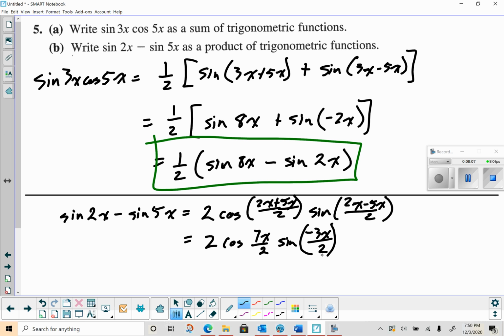But again, quit being so negative all the time. Let's write this as positive angle measures. So again, just the even odd functions that I showed you a moment ago for part A. Let's pull out a negative in front, 2 cosine 7x over 2 times the sine of, now that becomes a positive 3x over 2.